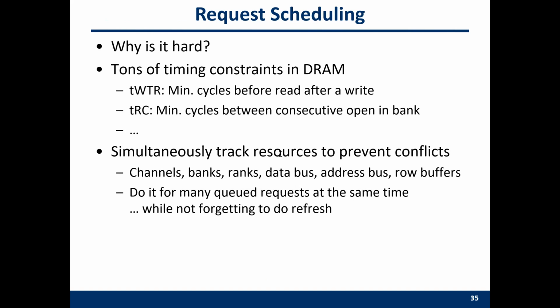The request scheduling is very difficult. Why? The DRAM is a very developed technique. The capacity of the DRAM is huge. So in order to provide such a large capacity, you need billions of cells. And of course, they are different. So in order to tolerate these differences, you need a lot of timing constraints.